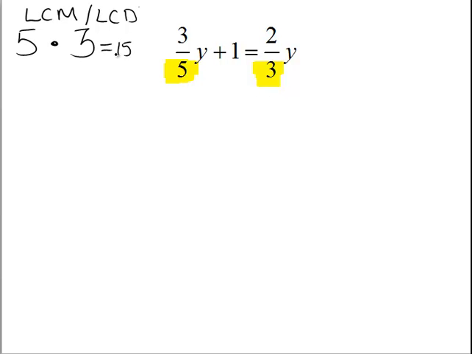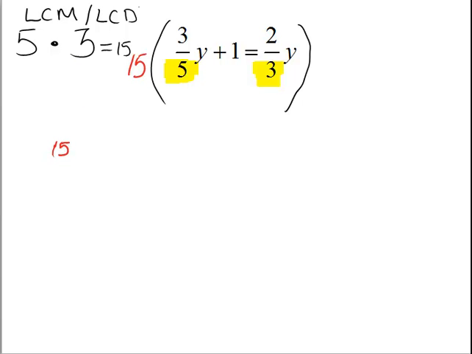So what we're going to do is take this equation and clear fractions by multiplying everything by 15. So that's what I'm going to go ahead and do. So I'm going to write this out here.